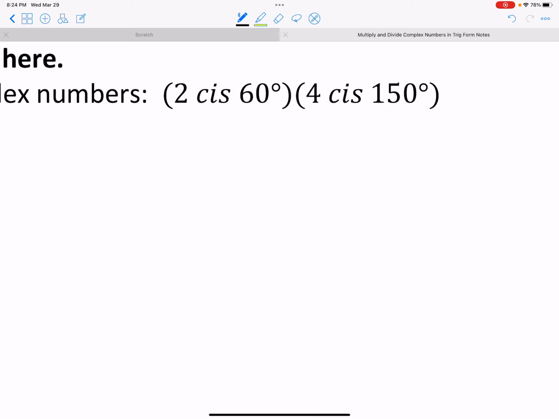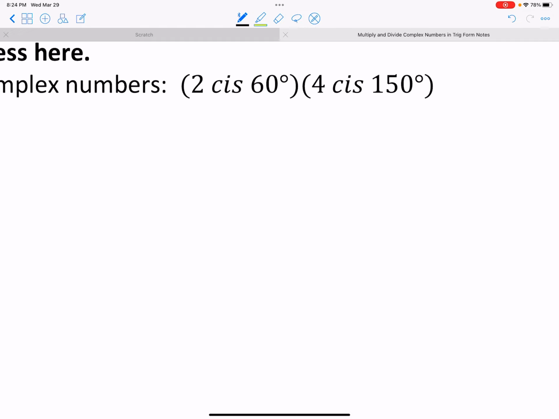Remember, the cis is the abbreviation for cosine and then plus imaginary sine. So if we are given this compact form of our complex numbers in trig form, we want to write the expanded, not the abbreviated form, to understand truly what we're doing. So the first thing I'm going to do is, again, rewrite this.